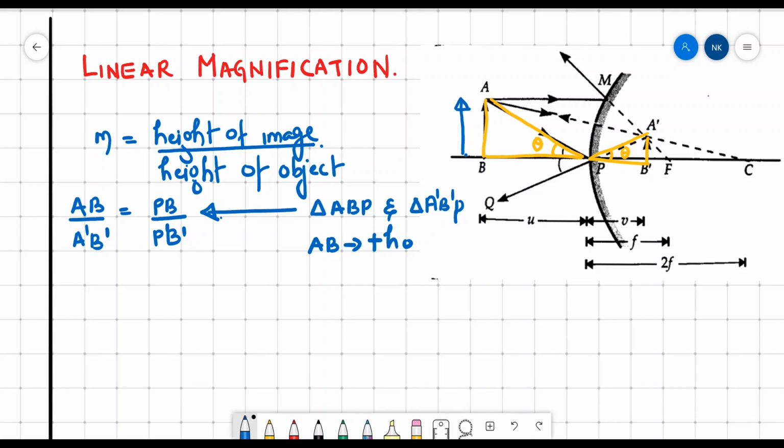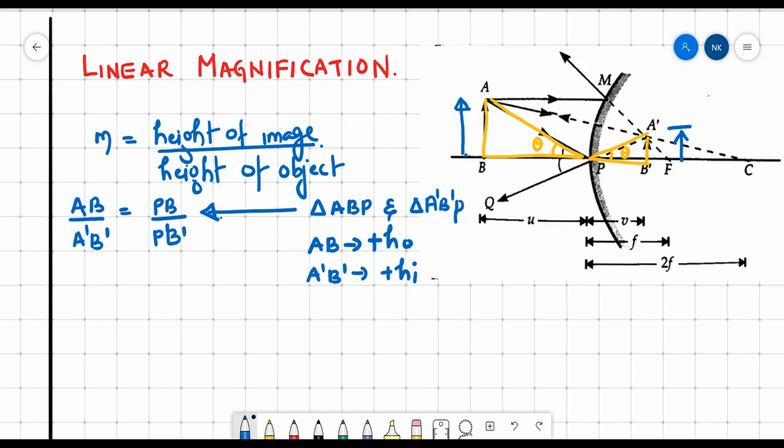Now what is this A dash B dash? That is height of image from principal axis in the upward direction. So A dash B dash we can write as plus HI, height of image.